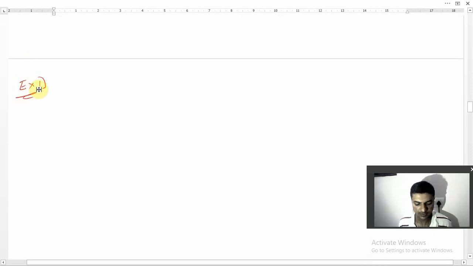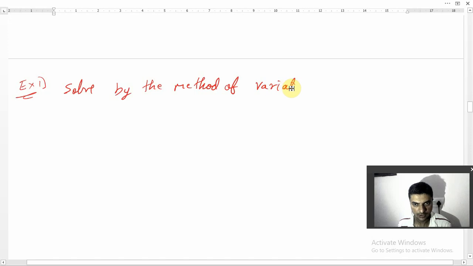First example I will take: solve by the method of variation of parameters. Yes, the question is given here: solve by the method of variation of parameters.